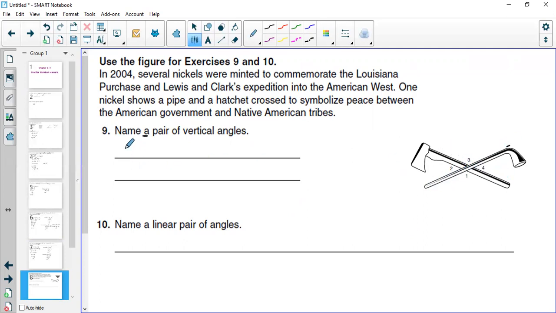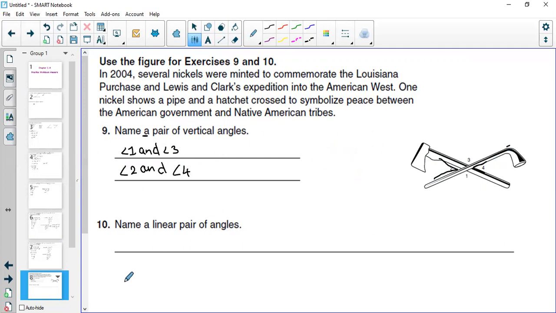So we could say angle 1 and angle 3 are a pair of vertical angles. Or there is another pair too. We could say angle 2 and angle 4. And if you see, they are in the shape of V also, with the noses together, right? So angle 2 and angle 4 are also a pair of vertical angles.